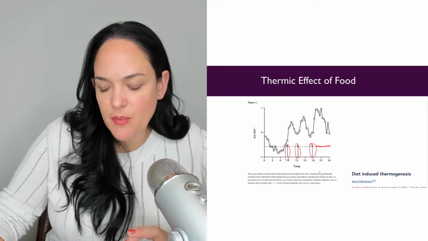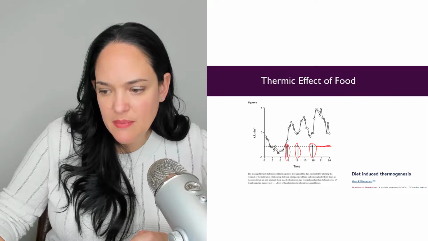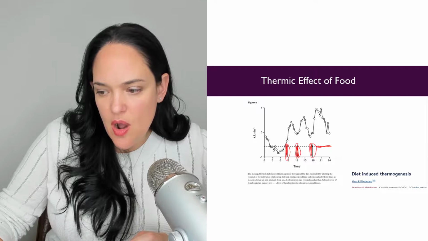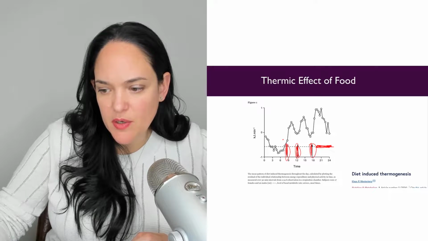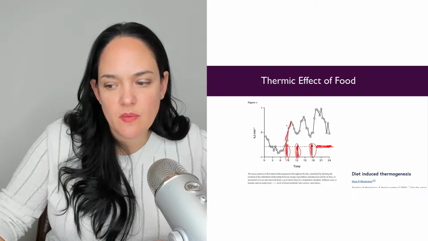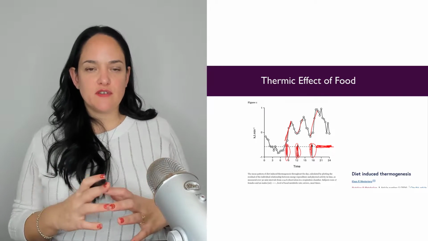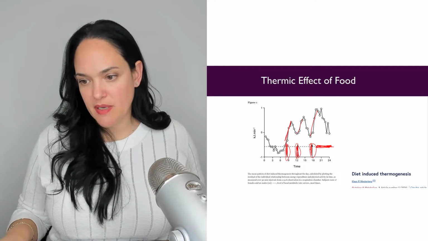This is summary data where they found that every time a meal was consumed, these arrows, above their basal metabolic rate, there was an increase in energy expenditure. Another meal, increase in energy expenditure. Another meal, increase in energy expenditure. So the thermic effect of food is that increase in energy expenditure following a meal.